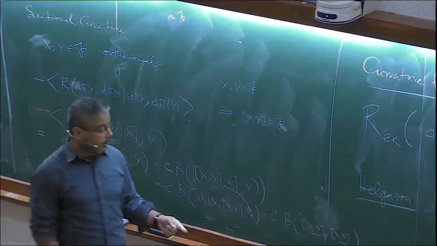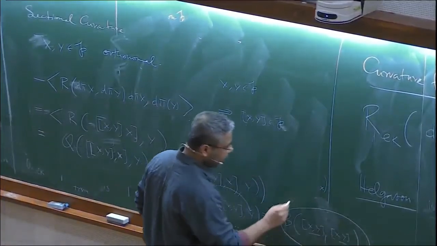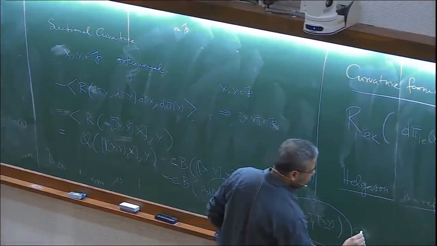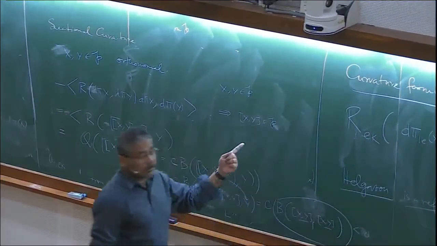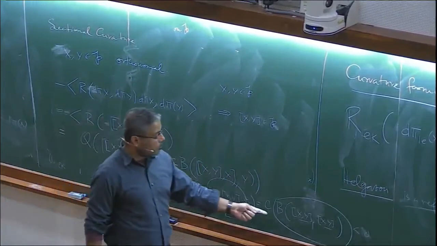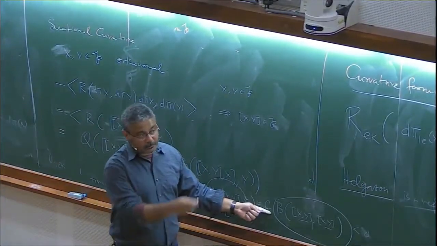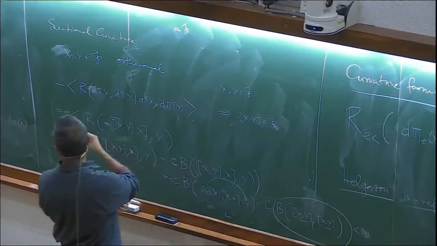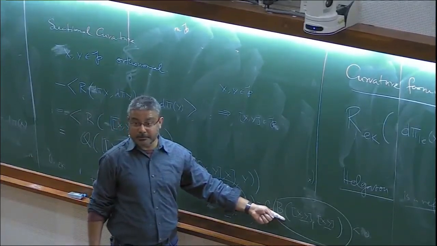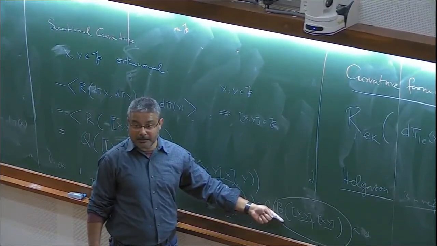So this quantity is always negative, no matter what the Lie algebras are. So when I am in a compact group, C is negative. C is negative, so negative and negative gives me positive. So if I have a compact symmetric space, the sectional curvature is positive.